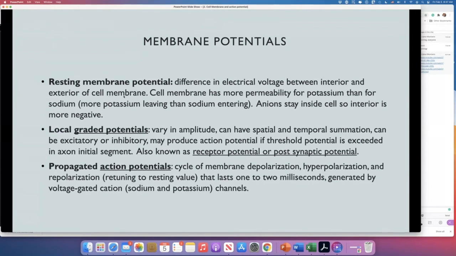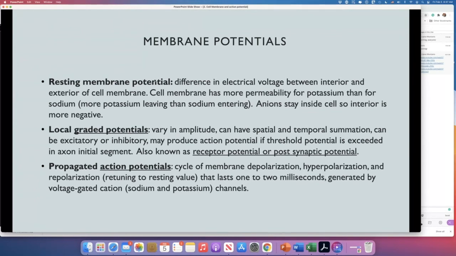If we could place an electrode inside a cell and measure the voltage inside the cell, we would see that there is a difference between the outside and the inside of the cell. Generally, the interior of the cell is negative compared to the exterior of the cell.